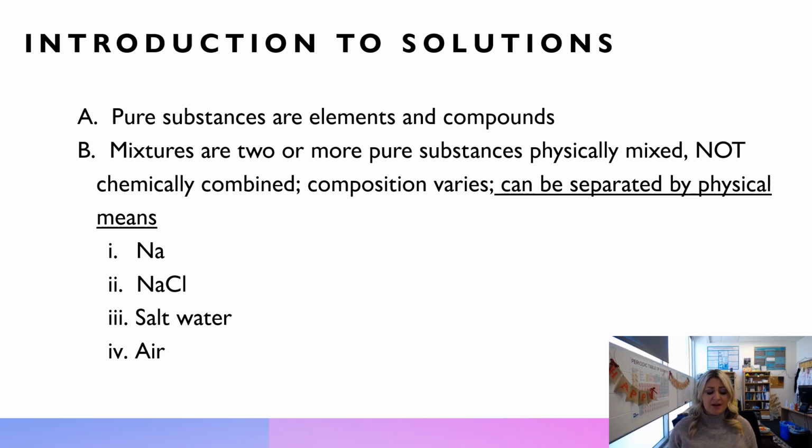If you think about adding salt to water that you would gargle or ocean water, we could evaporate the water off, leaving the salt behind. That is a physical means of separation. It wouldn't take us doing anything special, applying electrical current to separate those. They can be separated by physical means.